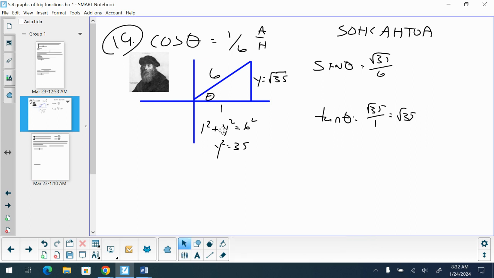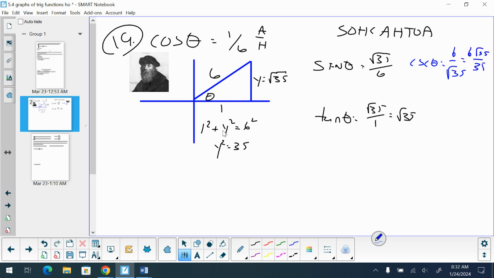Cosecant is a reciprocal to sine, so we have 6 over the square root of 35. Then we use our algebraic skills, multiplying top and bottom by the radical 35. We have 6 square root of 35 over 35.